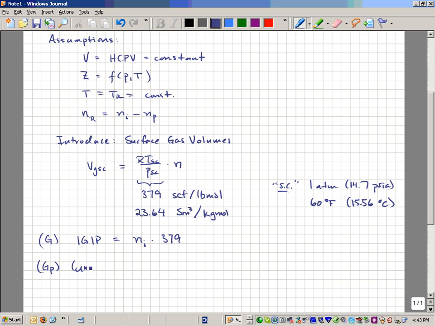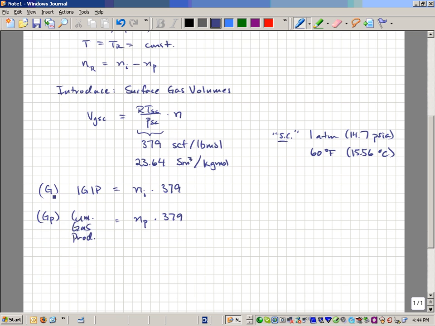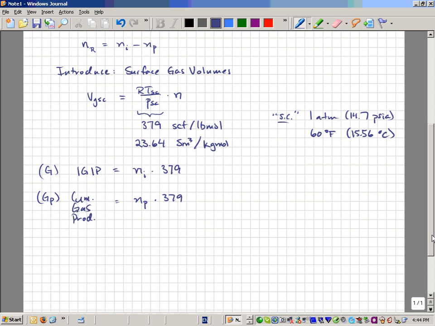So this is the cumulative surface gas produced. And of course, this is related with the NP, moles of gas produced, again, times the same constant. So we're going to make use of the terms G and GP instead of moles.